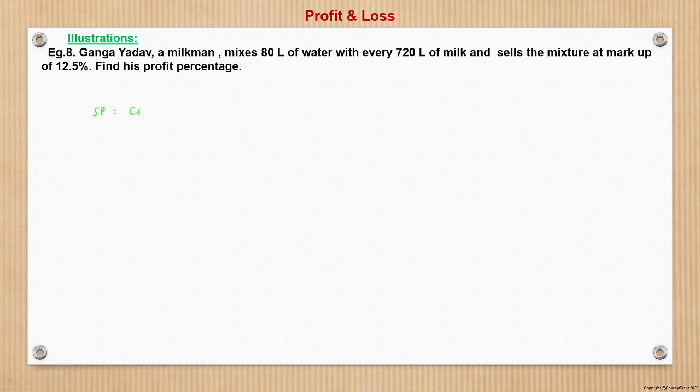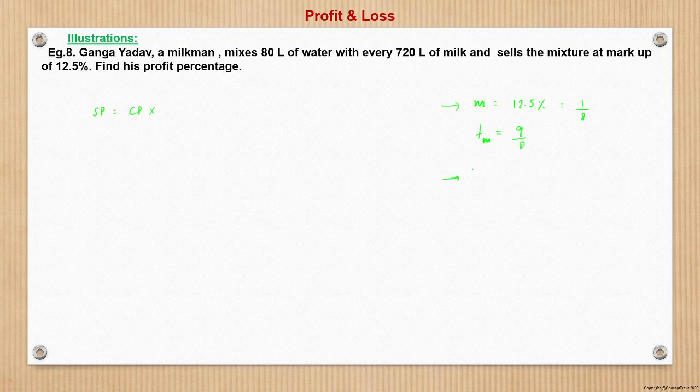Selling price is equal to cost price into the impact of different factors. The first factor is the markup. Markup is 12.5%, which is nothing but 1 by 8. So the factor will be 1 plus 1 by 8 because this has an increasing impact. So this will be 9 by 8.